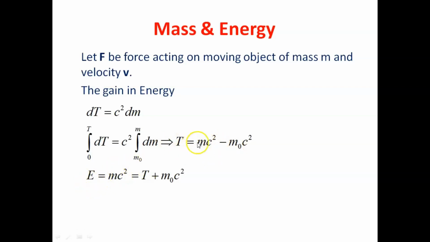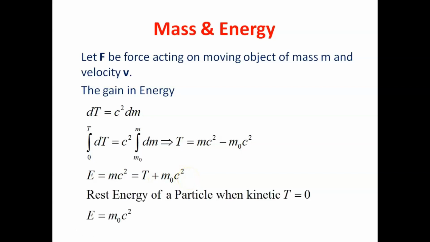E is equal to m c square equal to T plus m0 c square. So the total energy of the system E is equal to m c square, we have established, which is equal to kinetic part plus rest energy due to mass of the object. Now in normal situations this mass is not converted into energy, but in some nuclear reactions we encounter such a situation in which mass is converted into energy.